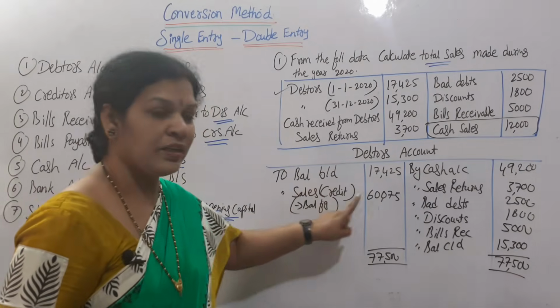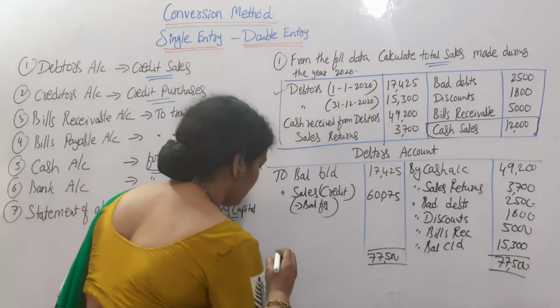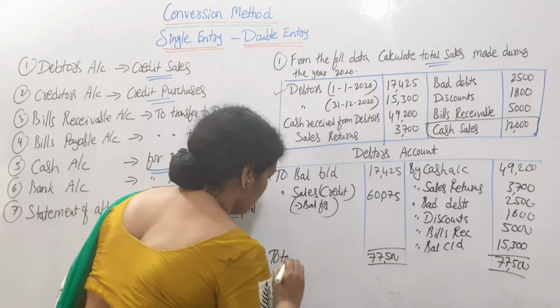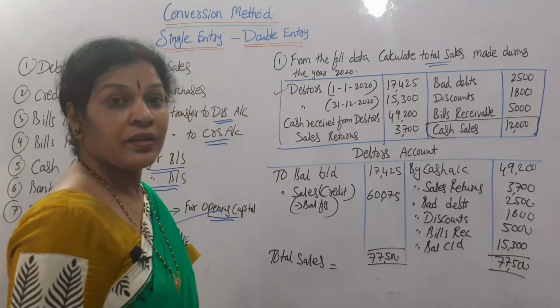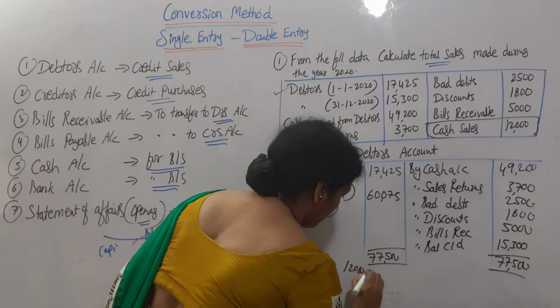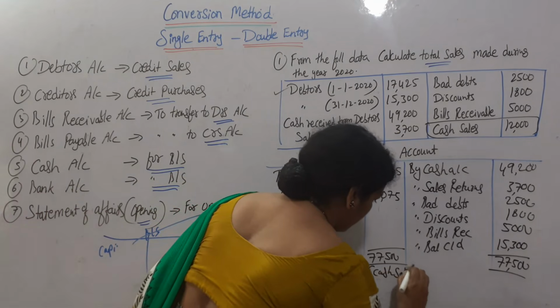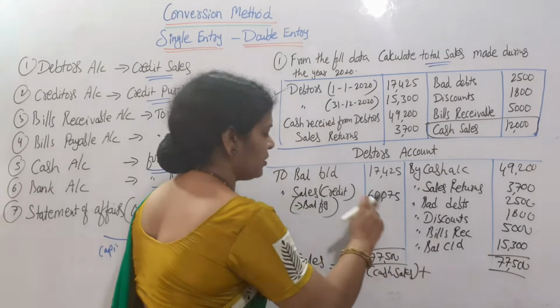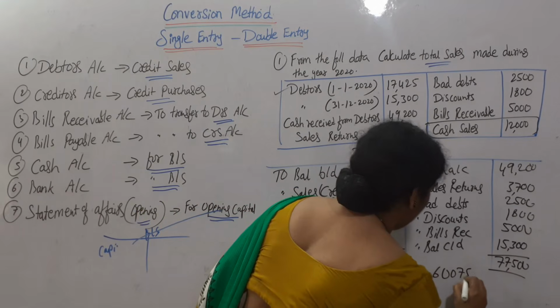This is credit sales. What are they asking? Total sales. Now you can write here: total sales is equal to cash sales 12,000, you can write it in brackets cash sales, plus credit sales 60,075.